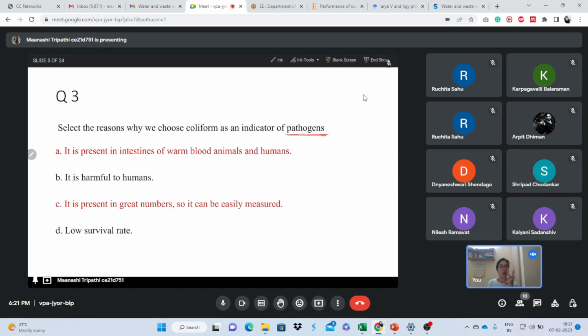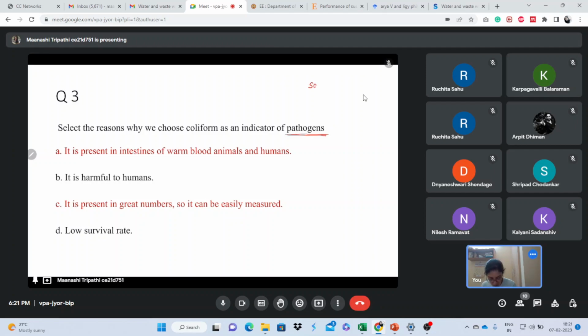So I will give you two terms. One is sanitization, or sanitation, and second is disinfection. Can anyone tell me the difference between these two words?